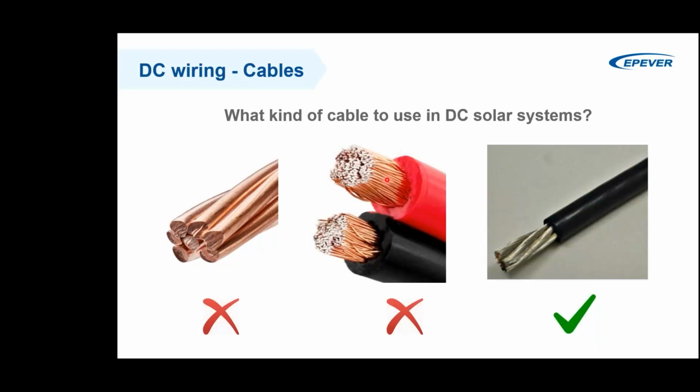This is itself a source of problems, and it might even cause a fire in your system. So it's highly recommended that you check you are using a standard copper cable for wiring the system.